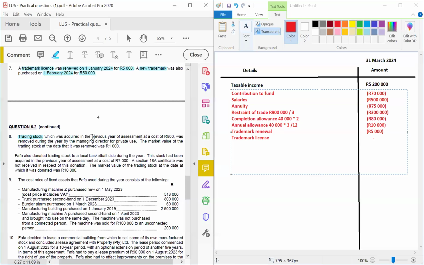So trading stock which was acquired in the previous year of assessment costs 800 and was removed during the year by the managing director for private use. The market value of trading stock at the date that it was removed was 1,000.